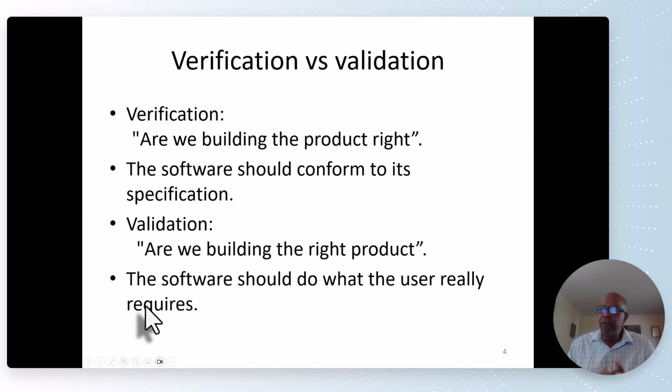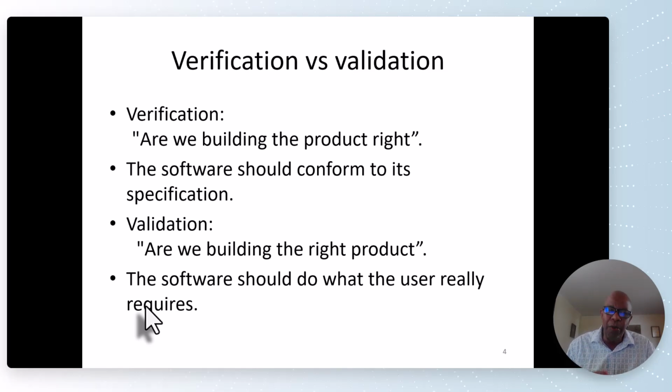Okay, verification versus validation. Verification, are we building the product right? And I would flip this with validation first. Validation, are we building the right product? What determines whether we're building the right product is in the requirements. The requirements tell us what we should be building.